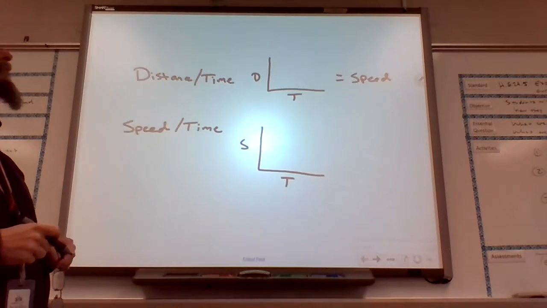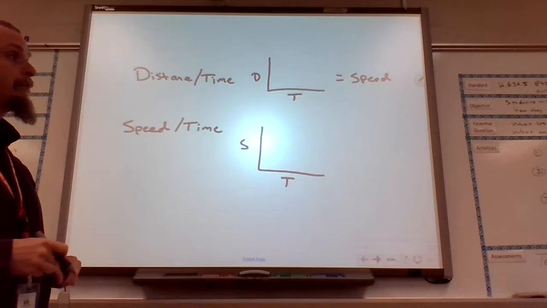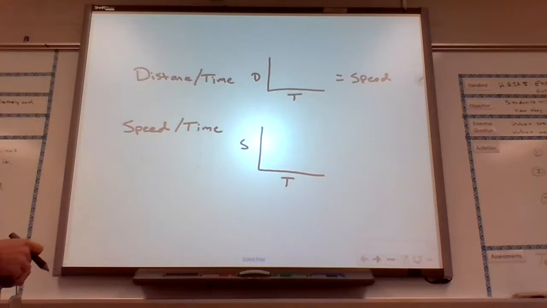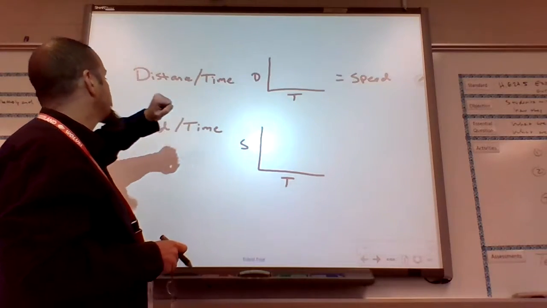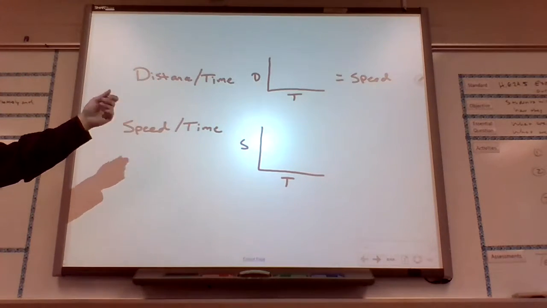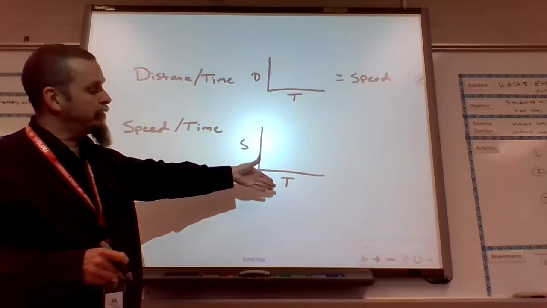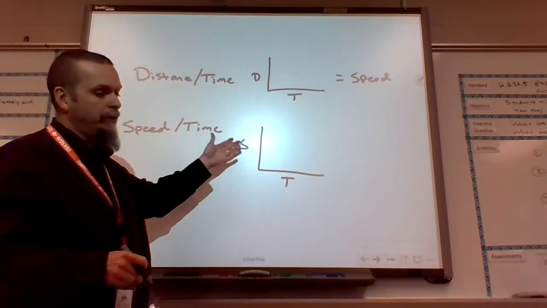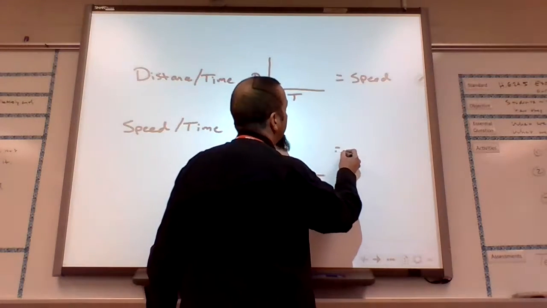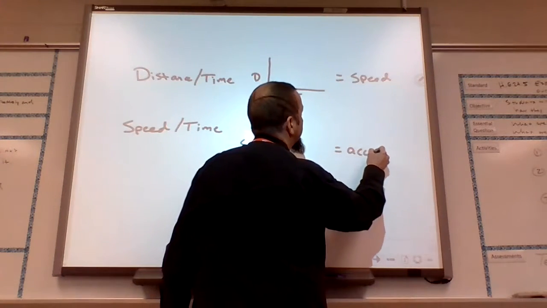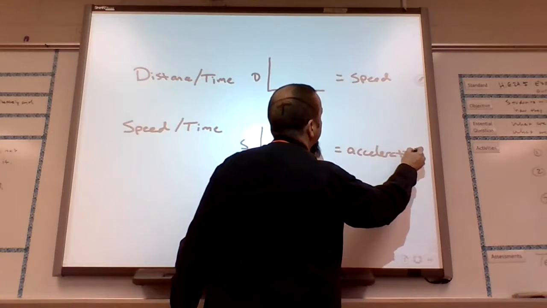And if we were to calculate the slope of a line on a distance time graph, we would be calculating the speed of the object, because it's rise over run, distance over time. The speed time graph would be some kind of change in speed over time. Change in speed or velocity over time is acceleration. So a speed time graph is often referred to as an acceleration graph.